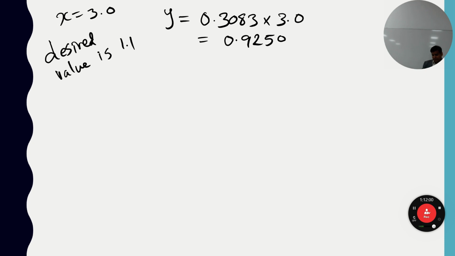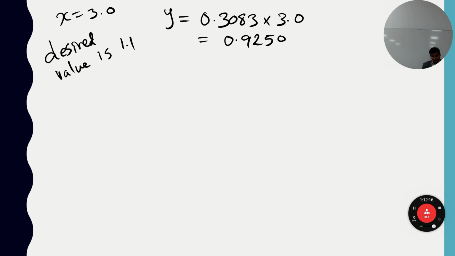Anyway, this is better than the previous one we had, 0.75, which means that we are on a right direction to find the solution.